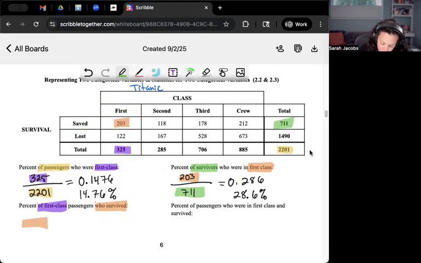So that's going to be survived out of first class. And so there's our 203 that survived out of 325 total. And that is 62.5%.